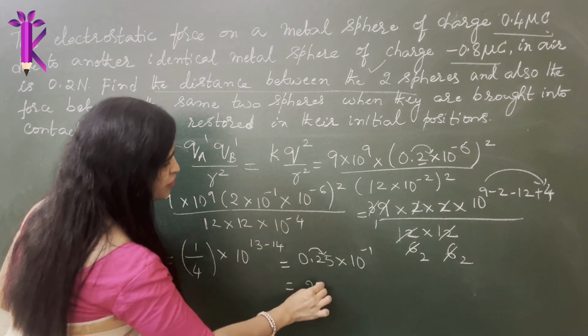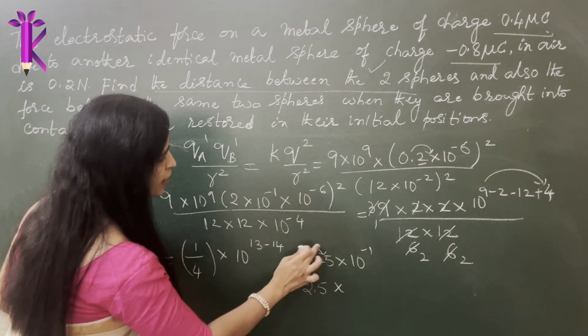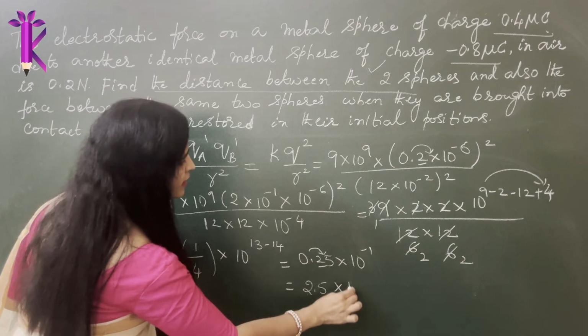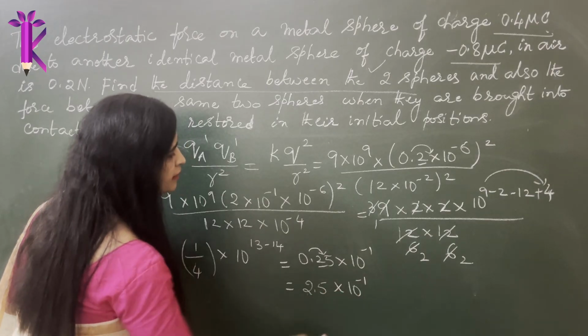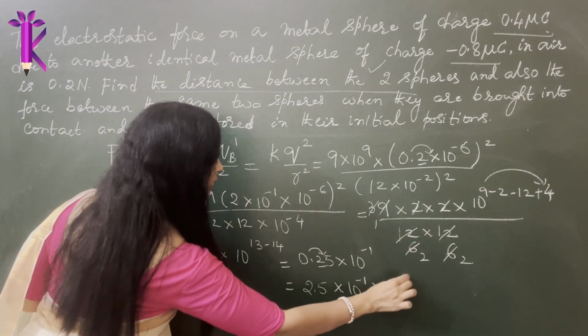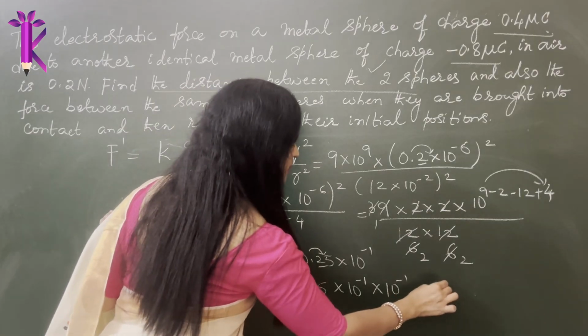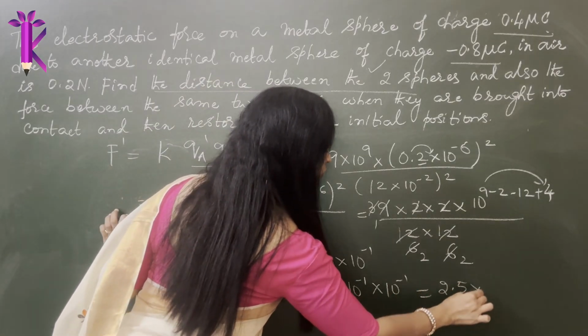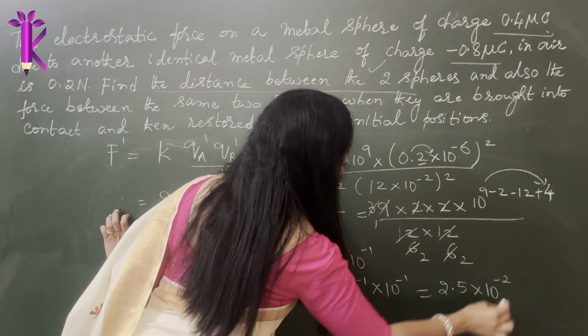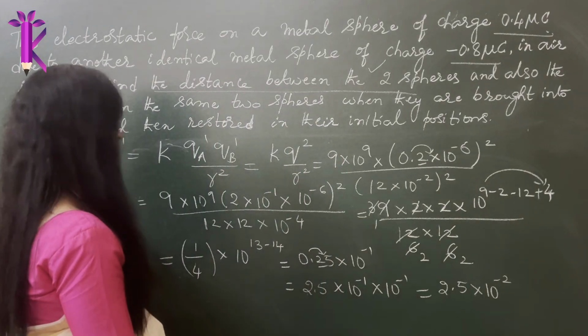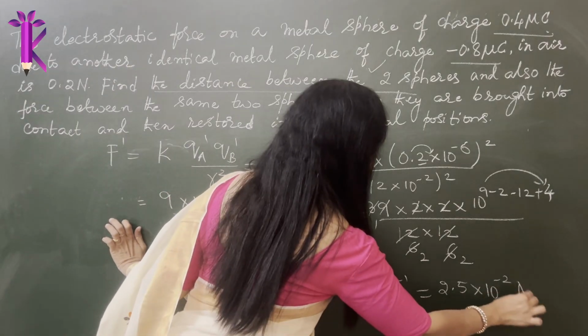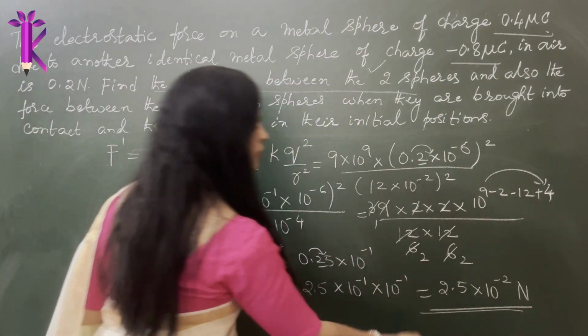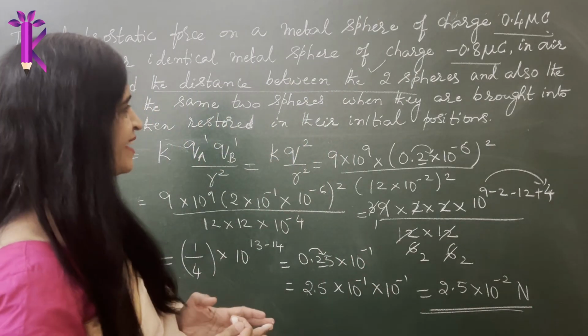So I can write it as 2.5 into, if I'm shifting one place to the right, it decreases by 1, into 10 to the power of minus 1. So the final answer is 2.5 into 10 to the power of minus 2 Newton. Right? So that's the final answer.